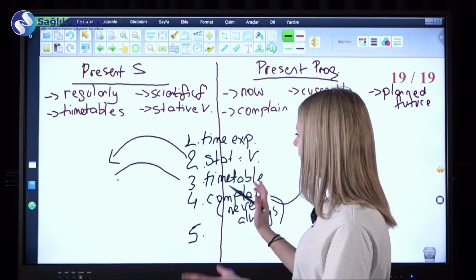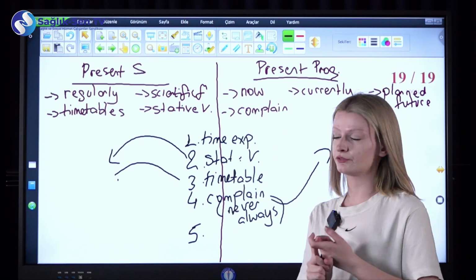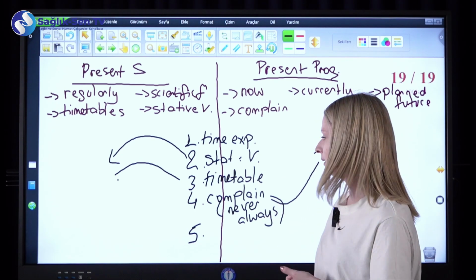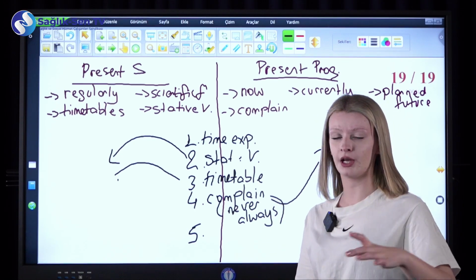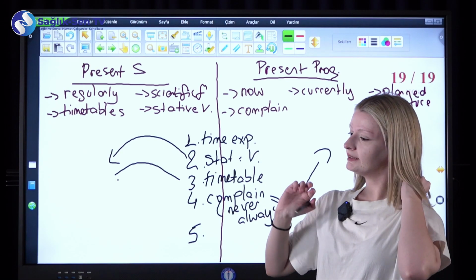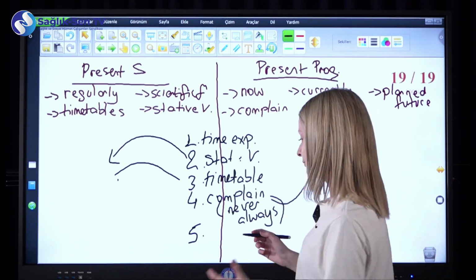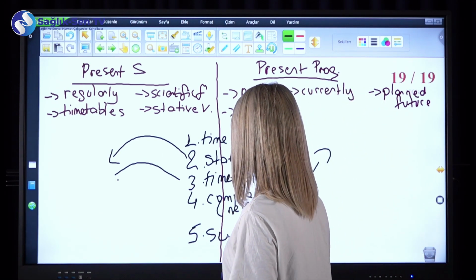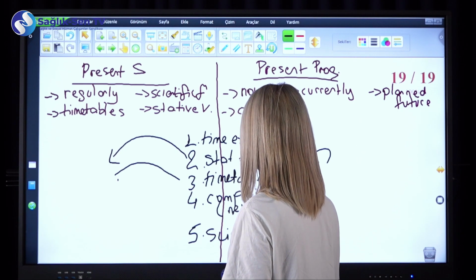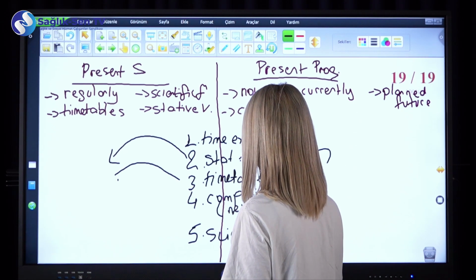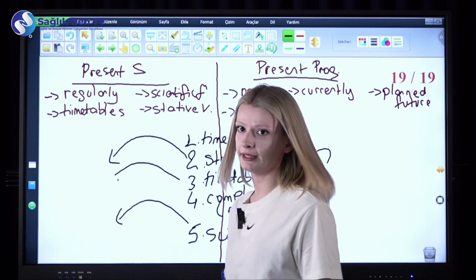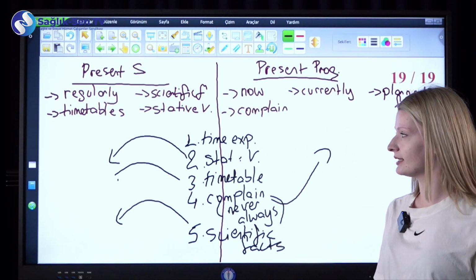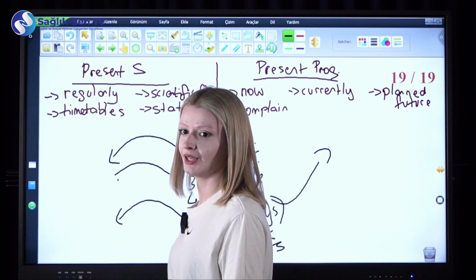Also, okay, let's say that it's not a stative verb in the sentence. There's no time expression, no complaint, no timetable. But there is something that can be proven. So again, it goes to present simple.